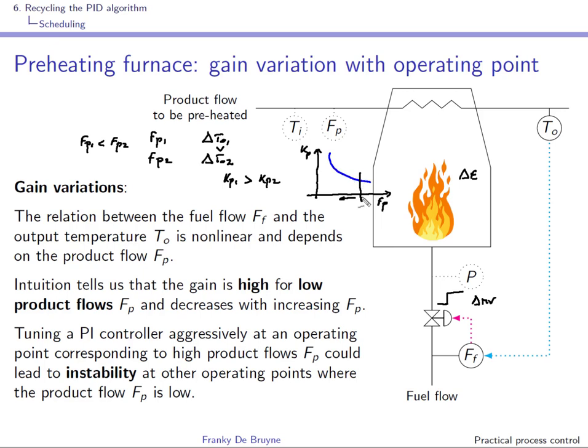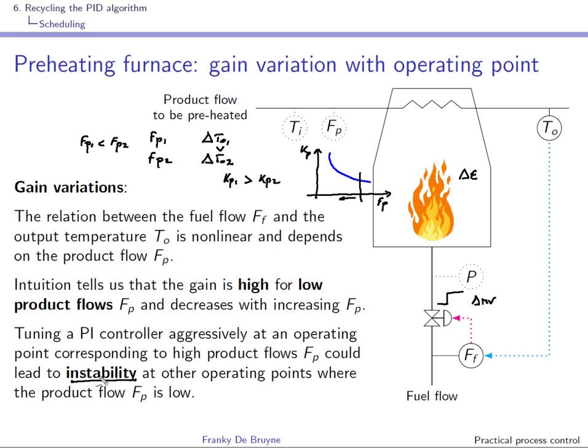Since we have tuned the controller aggressively over here and we have imposed a certain gain margin, if we decrease the product flow, we could have a serious increase in the gain of the process, and this could lead to an increase in the static loop gain, thereby reducing seriously the gain margin up to a point where you could even go to instability.